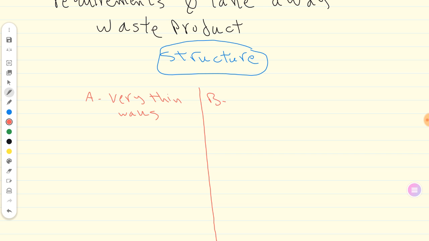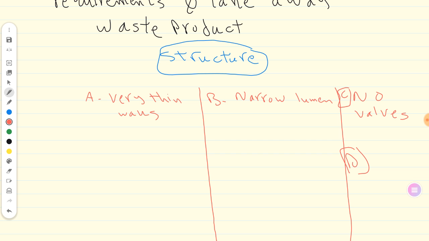Capillaries have a narrow lumen, no valves, and no thick muscles and elastic fibers.